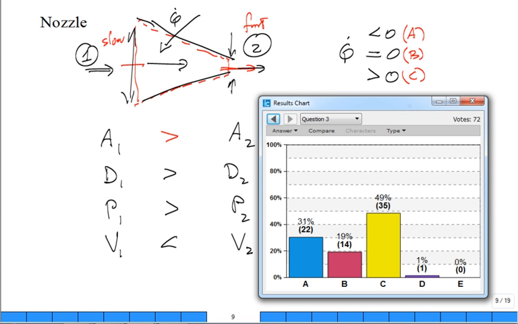Make things go fast. They come in slow, they go out fast. Is the purpose of a nozzle to transfer heat with the surroundings? That's a heat exchanger. This is not a purpose of a nozzle. So a common assumption is that Q dot is 0. There's no heat transfer with the surroundings.